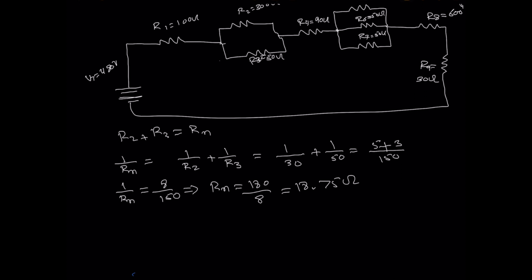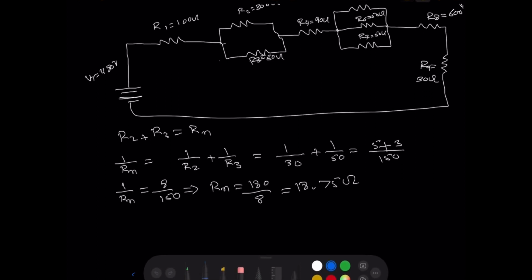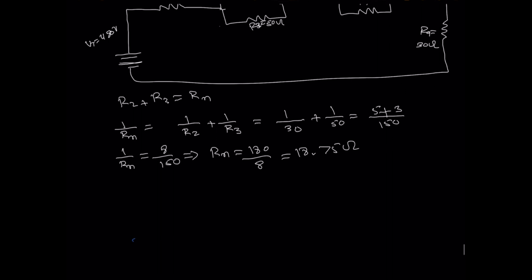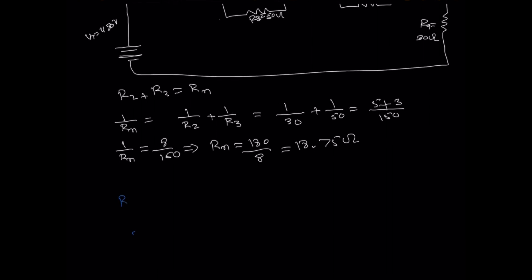Now let's find the other parallel circuit. Let's call R5, R6, and R7 Rm. Since it's a parallel setting, 1 over Rm is equal to 1 over R5 plus 1 over R6 plus 1 over R7.